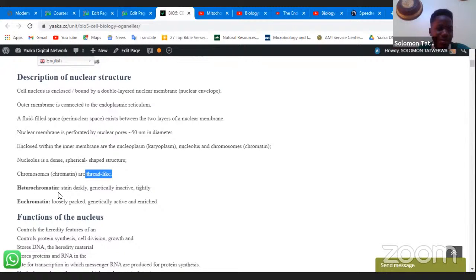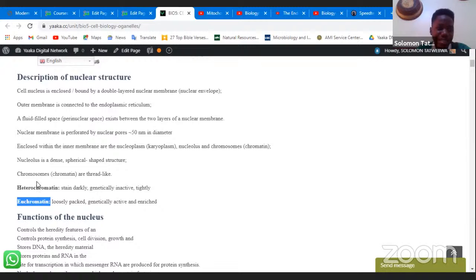We have the heterochromatin, which is genetically inactive, and it is tightly packed in the nucleus. Euchromatin is loosely packed, genetically active, and enriched. So the inactive part of the chromosomes we call the heterochromatin, and the euchromatin is the active part.